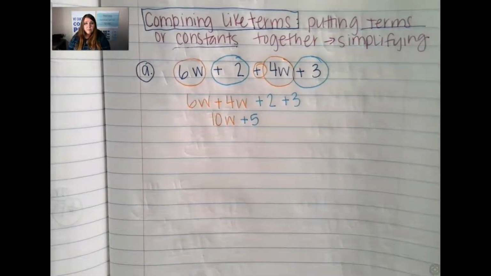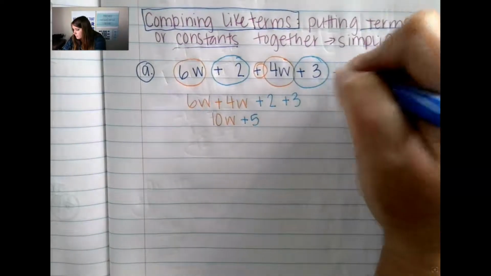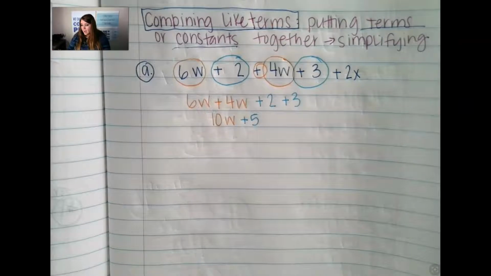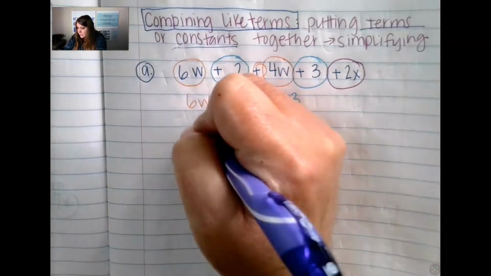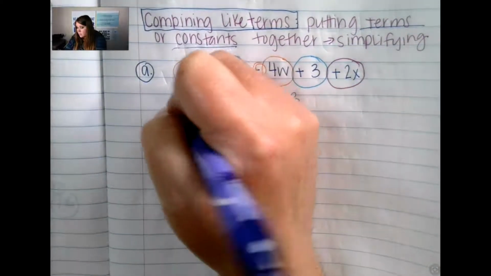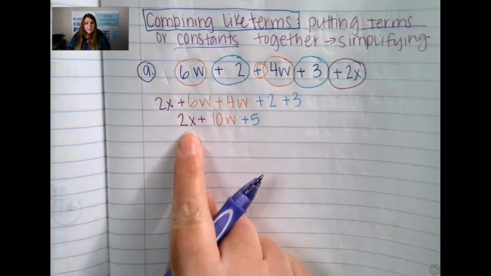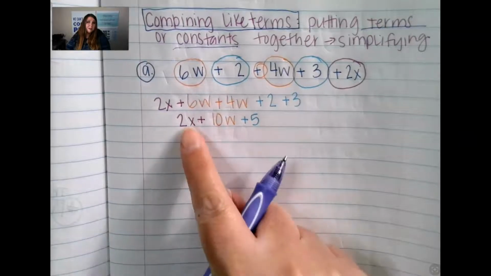Now, if I happen to put 2x on the end of this problem, I don't have an x, so I would just circle that x and put plus 2x in the front. The 2x would be completely by itself because an x is not like a w. So that's just like a bonus there.